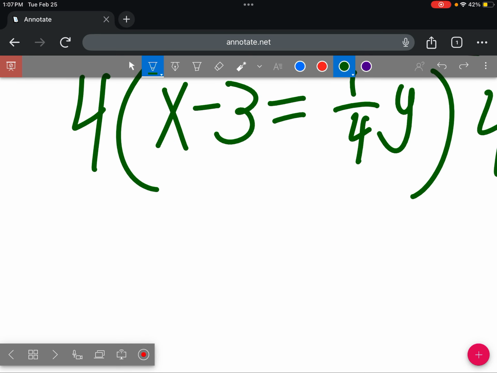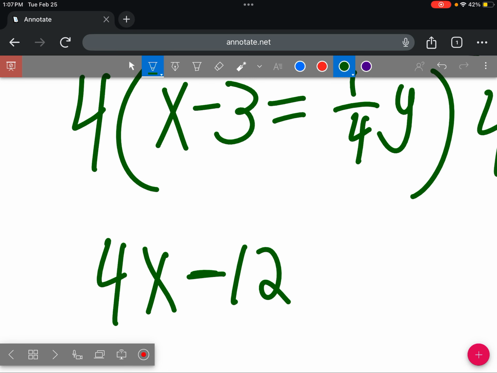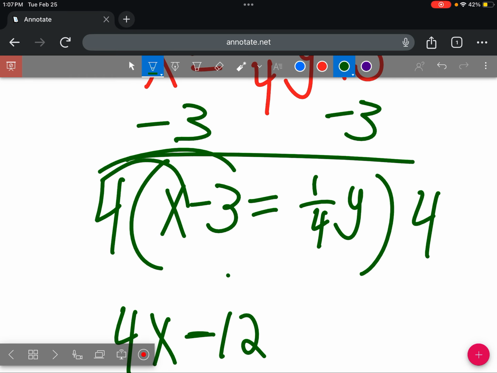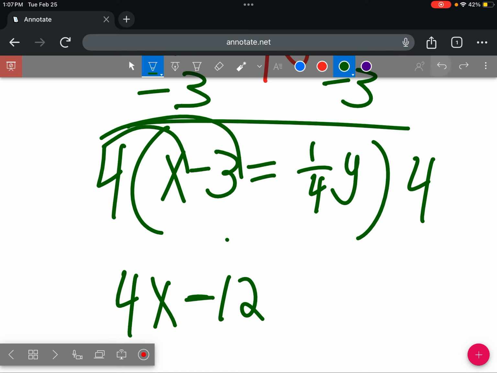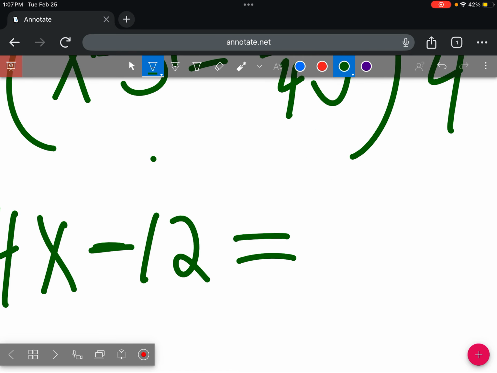So what do I get on the left, Stephen? Very good. Notice, Stephen did a great job of distributing. Make sure you distribute. Is equal to, all right? A fraction multiplied by a reciprocal is equal to 1. All right? So 1/4 y times 4 is just 1y, or y.